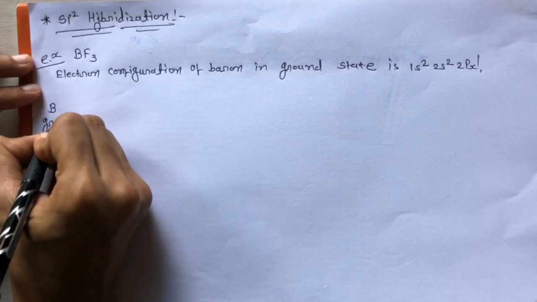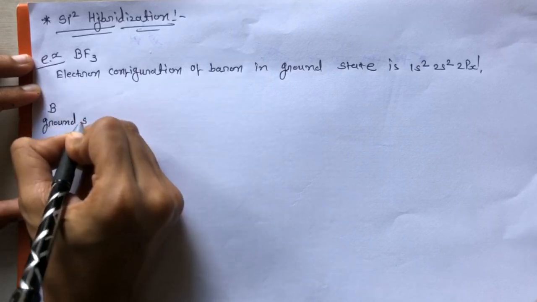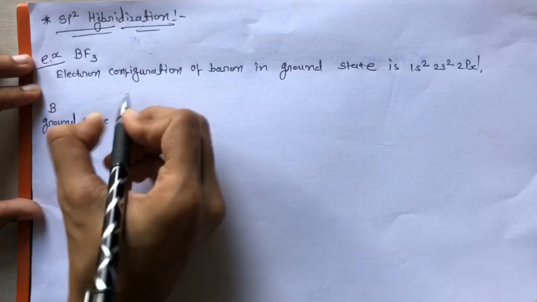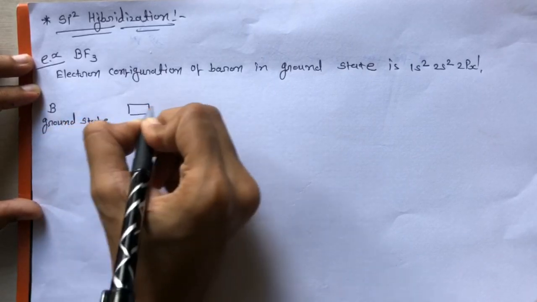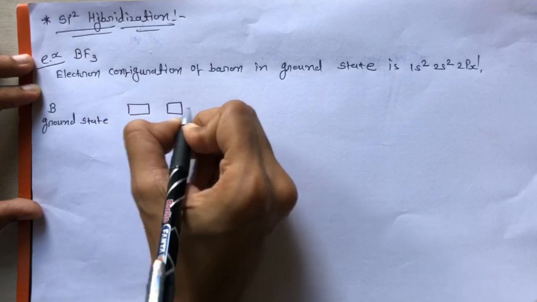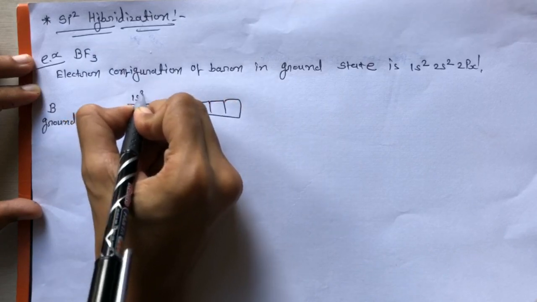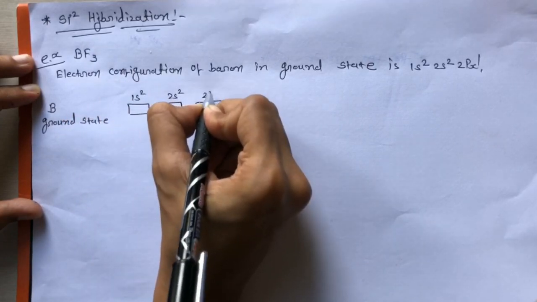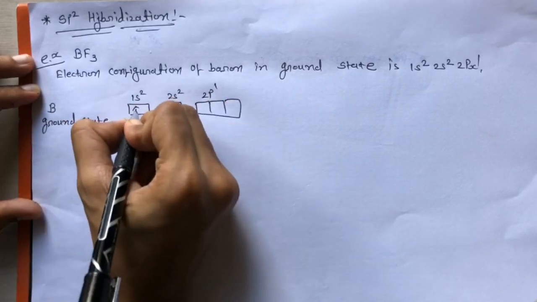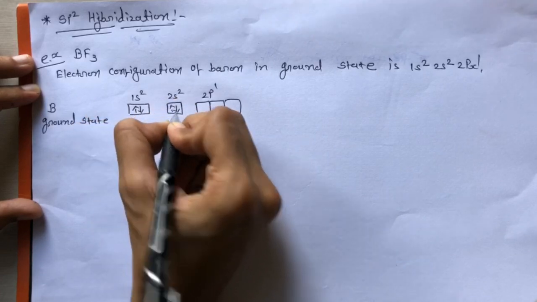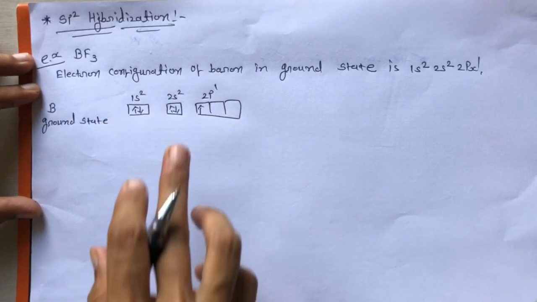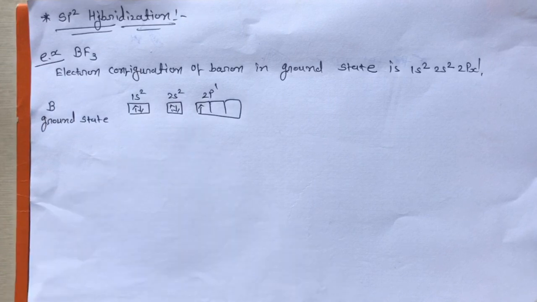So boron in a ground state: 1s2, 2s2 and 2p1. 2 electrons here, 2 electrons here and 1 electron here, and this is the unpaired electron.